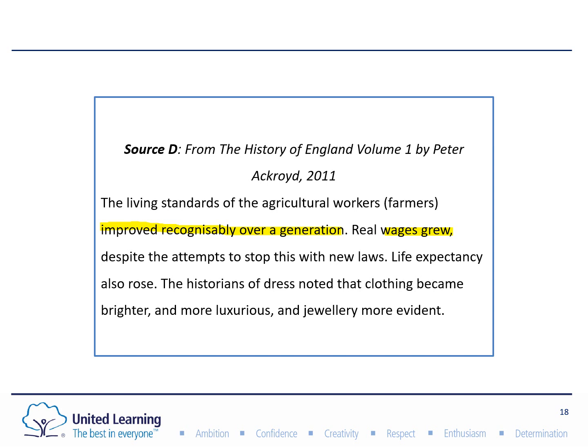Life expectancy, this also rose. The historians of dress noted that clothing became brighter and more luxurious and jewellery more evident. We can see there that that's quite positive, isn't it? That's very positive. What's even better, you can get a historian of clothes.